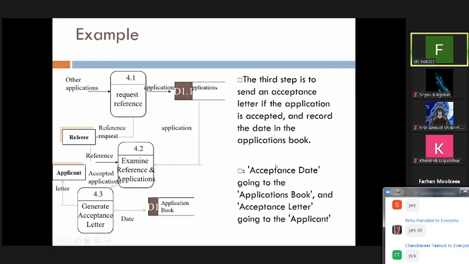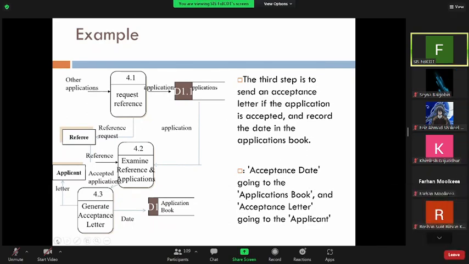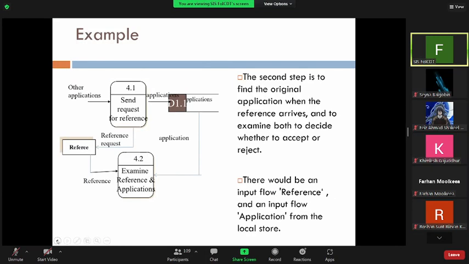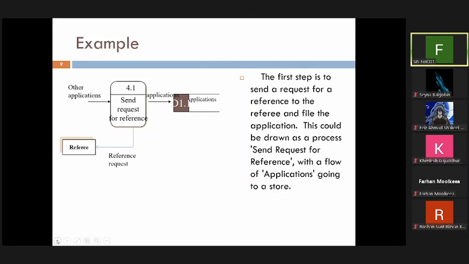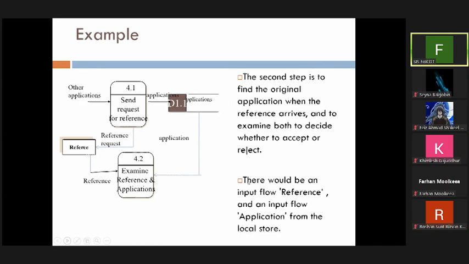So this is basically the third step. The fourth step is to generate a rejection letter if the application is rejected. So for a rejected application, generate rejection letter, the letter goes to the applicant and the date goes to the application book.